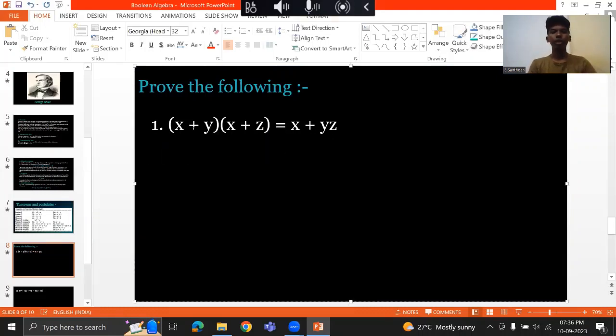So we'll have to prove that the LHS and RHS are equal. Let's take the LHS and open up the brackets now. We'll just multiply all the terms over here.